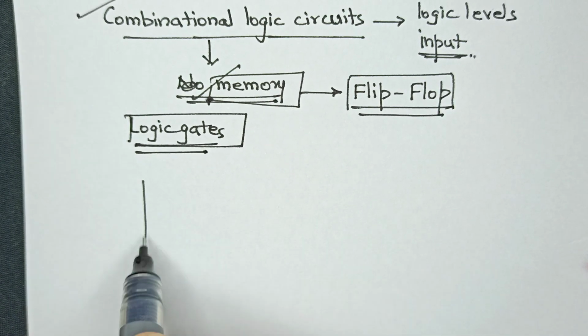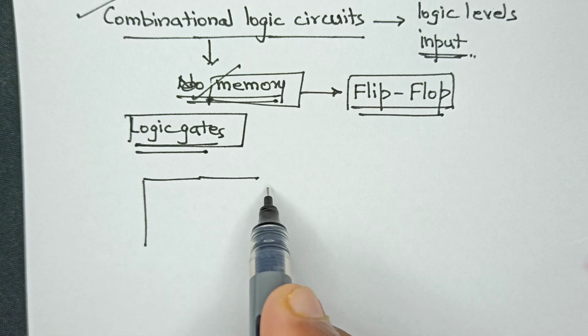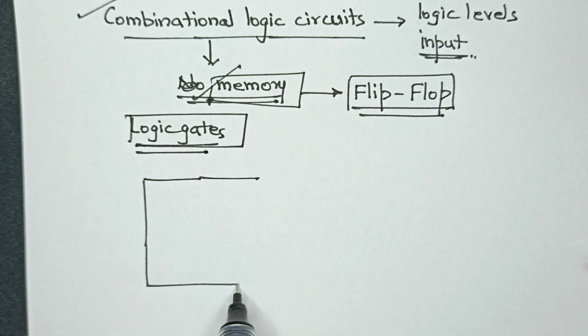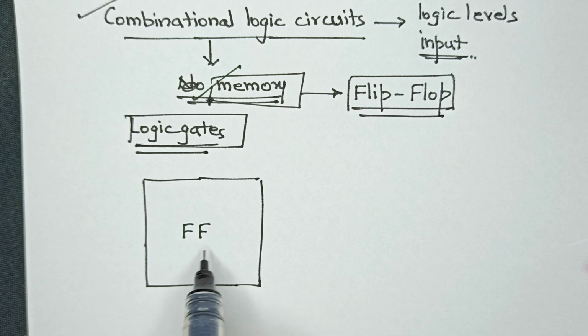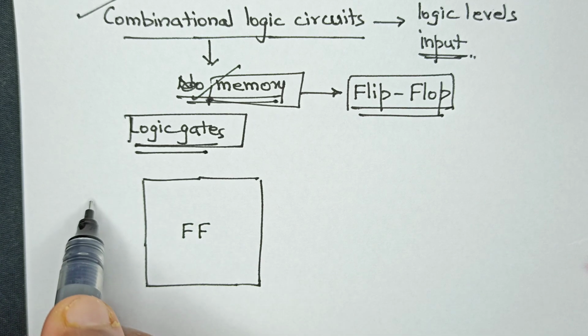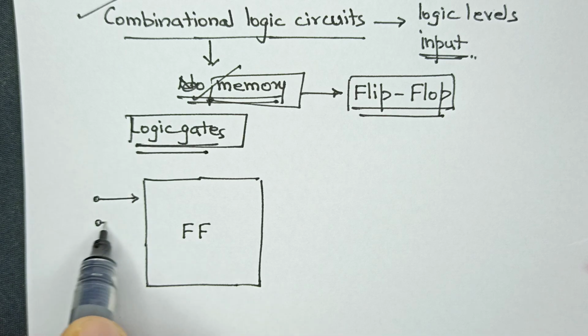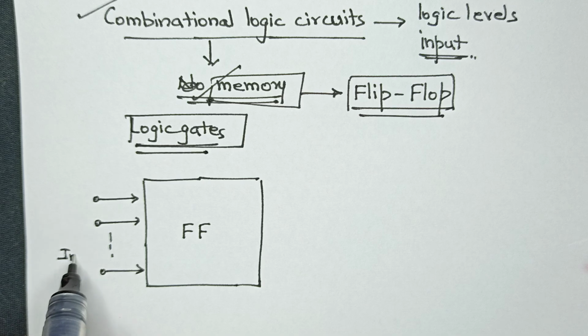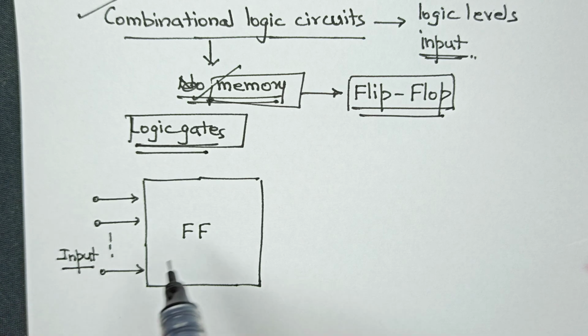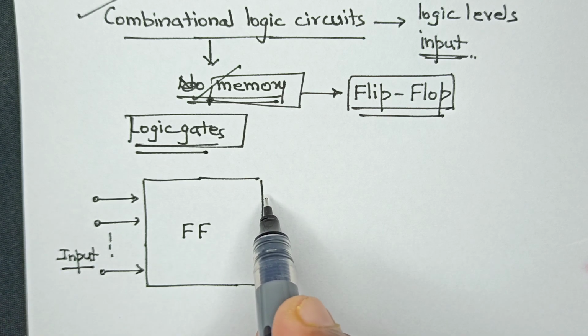If I draw a very simple diagram of a flip-flop, it looks somewhat like this. Let us make a box and write F here. This represents a flip-flop. From this side we provide the input. On the output side there are two kinds of output.